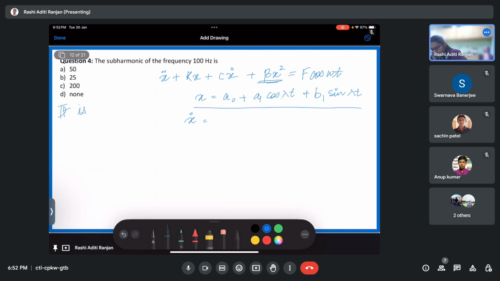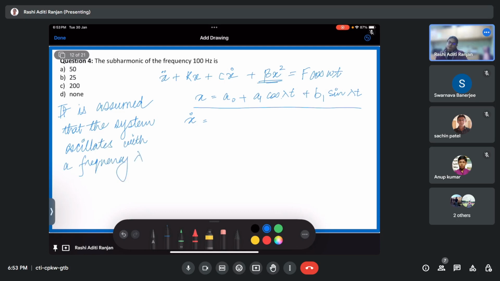It is assumed that the system oscillates with a frequency lambda. For now I've assumed it as lambda. I don't know what the value of lambda is. Okay, I'll use the method of harmonic balance in order to find out.